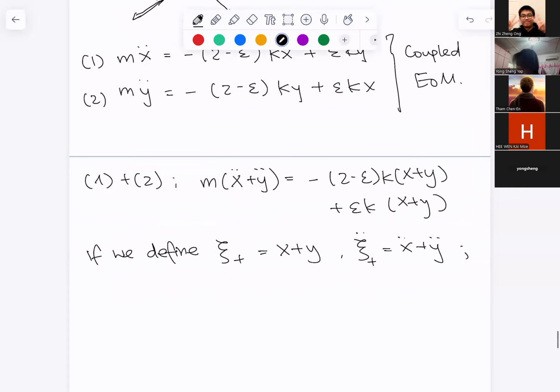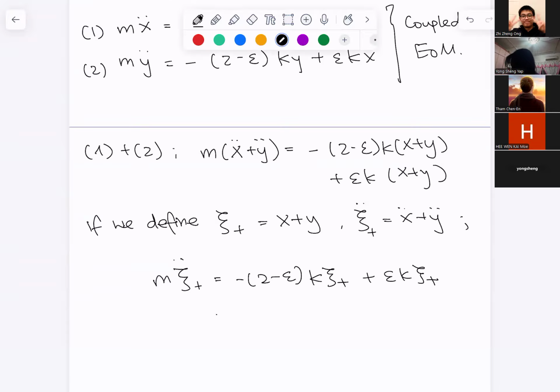Then we have an equation of motion that, as you can tell, is decoupled. So this gives me minus 2 minus epsilon k c plus, plus epsilon k c plus. Or in other words, this is minus 2 times 1 minus epsilon k c plus.